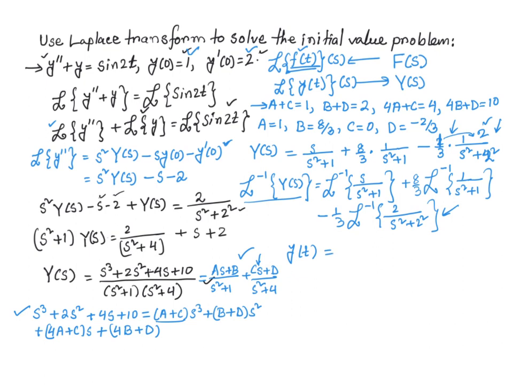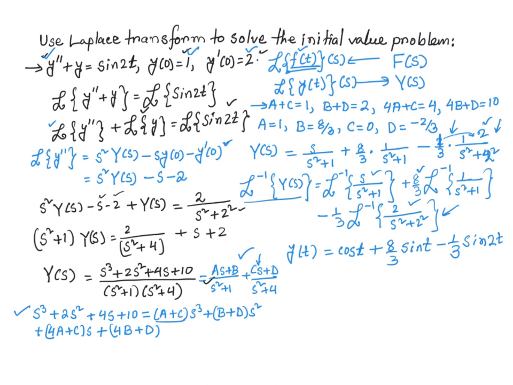And inverse Laplace transform of s over s squared plus 1 is nothing but cosine of t, plus 8/3 times inverse Laplace transform of 1 over s squared plus 1, or 1 squared, is nothing but sine of t, minus 1/3 times inverse Laplace transform of 2 over s squared plus 2 squared, which is nothing but sine of 2t. Now we just found the solution to this differential equation.